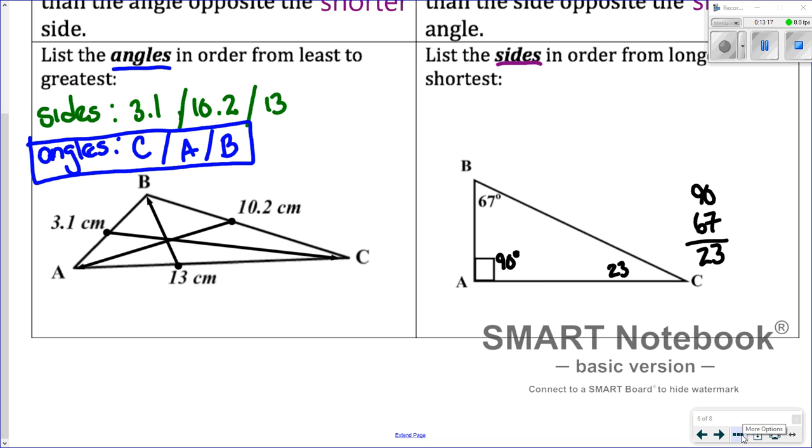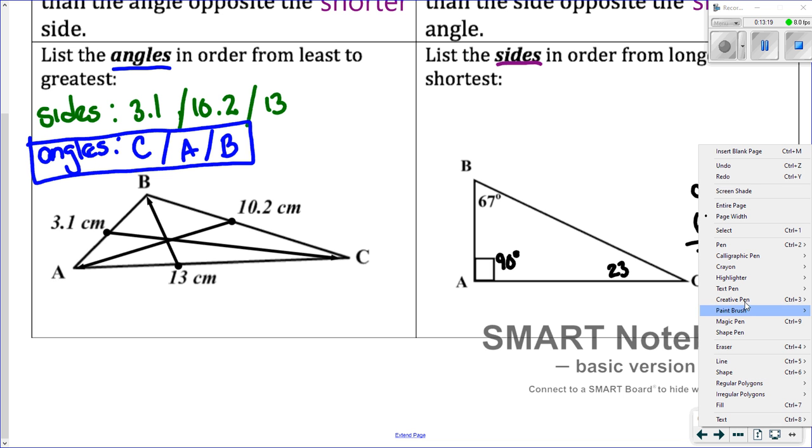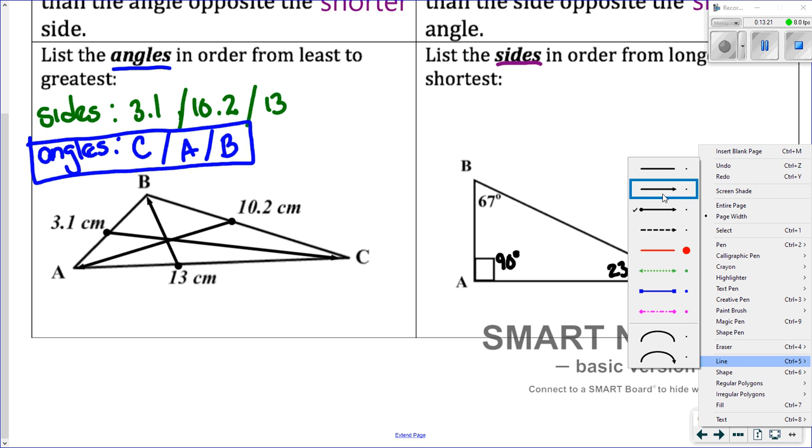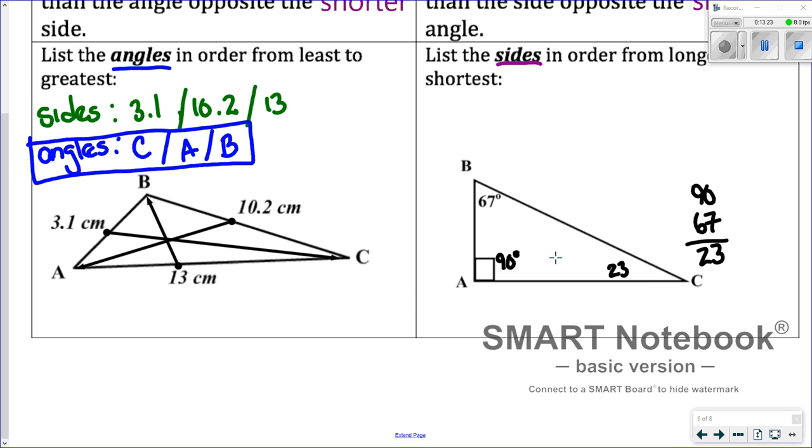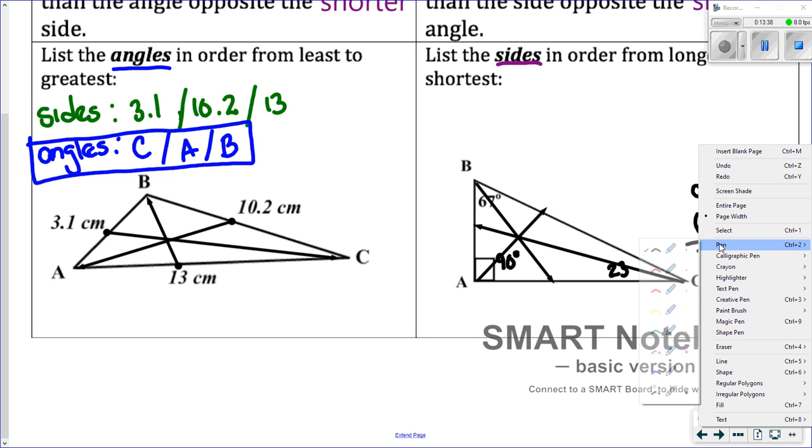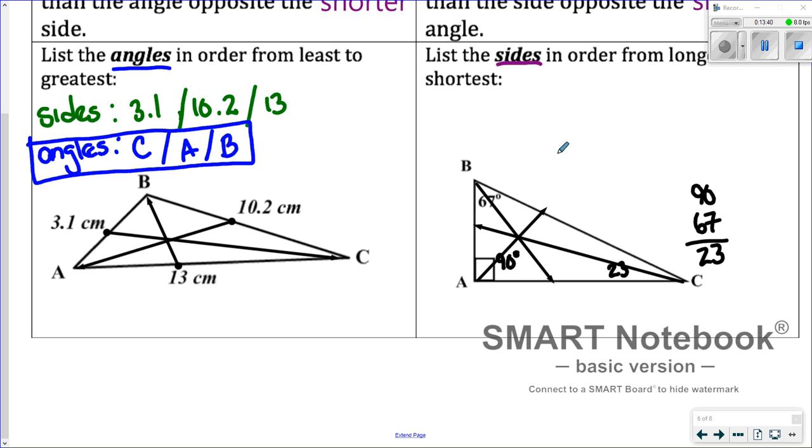Now we need to know which one is the smallest. But first, let me put the lines to show you that the side opposite the angle will determine who's small and who's big. Let me do the angles first.